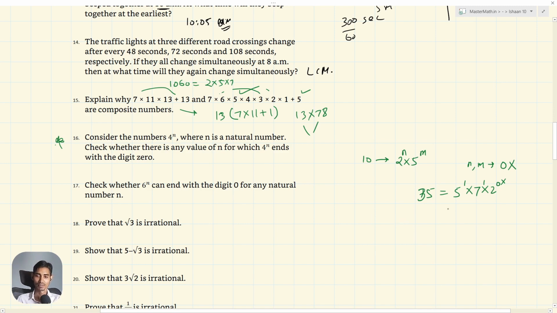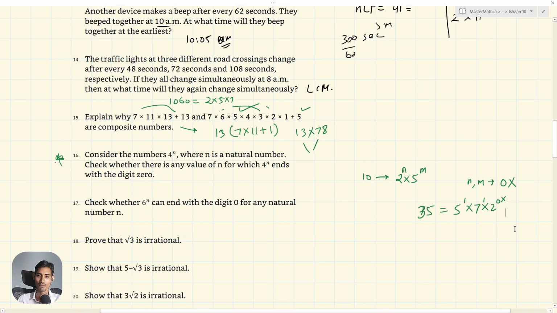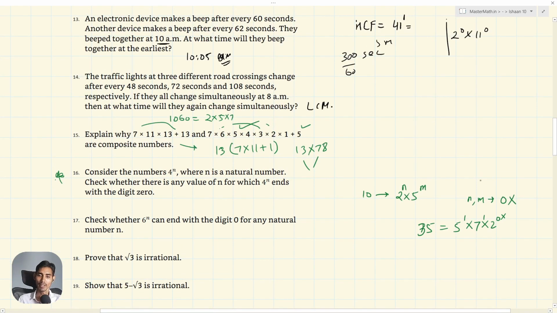You getting this? Why I am saying natural number? n and m are natural numbers, and there's a specific reason for this. You can't write 2 power 0. So 4 power n is what? We can write it as 2 into 2 power n, which is 2 power 2n basically.